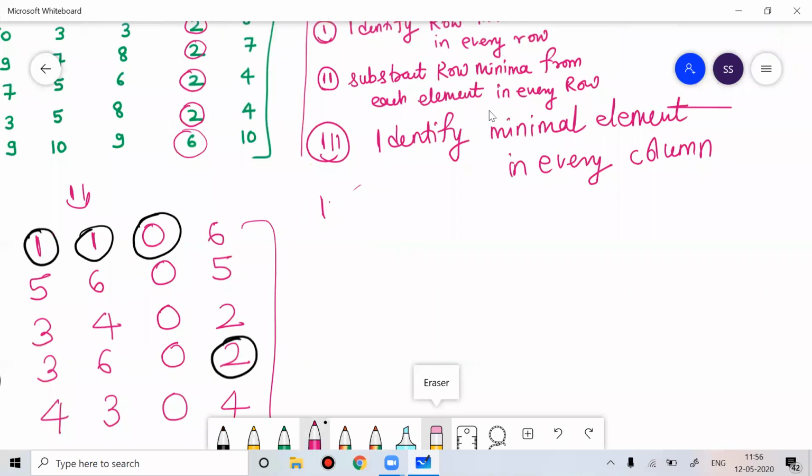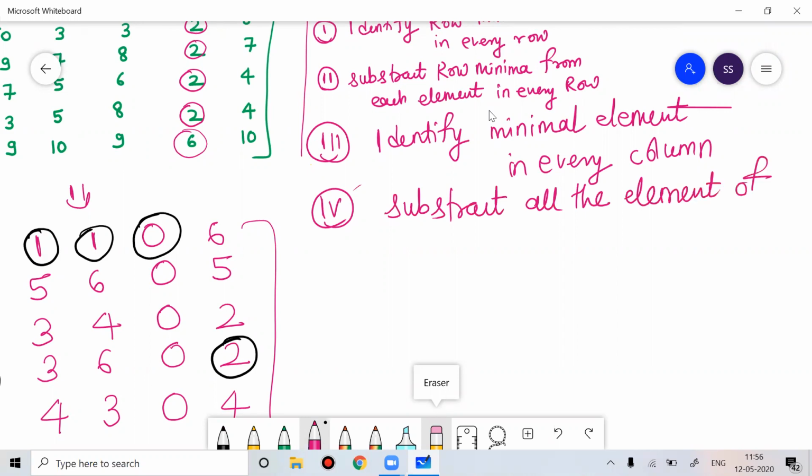The fourth step is to subtract all the elements of the column by the smallest element.